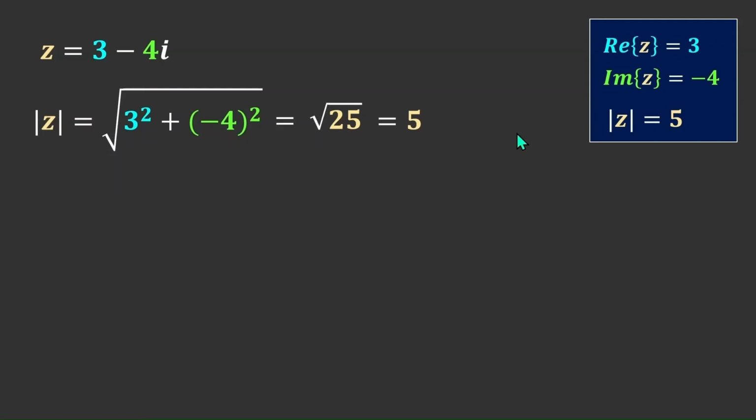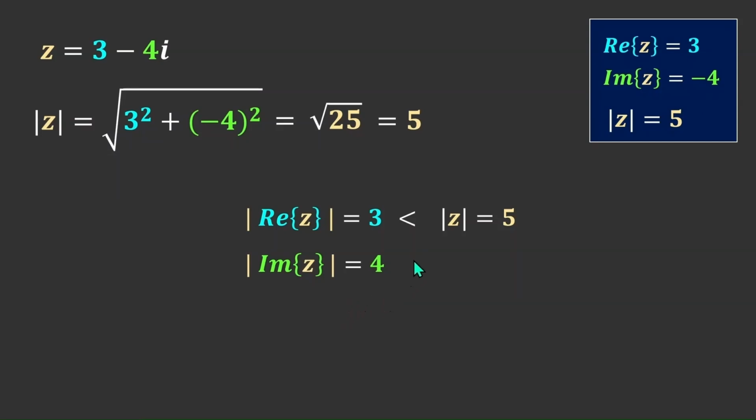And the modulus of Z is equal to 5. So from this information, we can see the absolute value of real part of Z remains 3, and that is less than mod Z, which is 5. We also see that the absolute value of imaginary part of Z, the absolute value of minus 4, is 4, and that is still less than mod Z, which is 5.